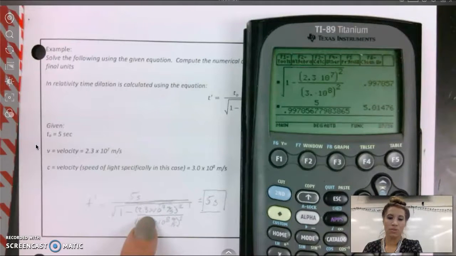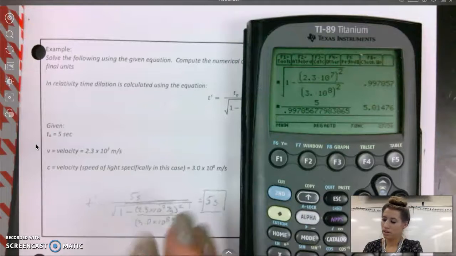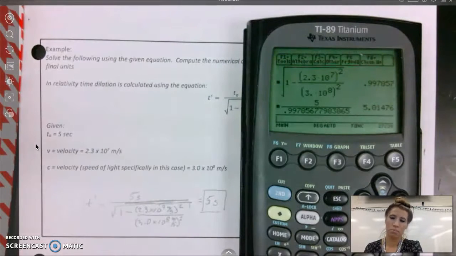Now I want you to be aware that you can break this up as much as you need to get all the steps in order to make sure that you don't put a parenthesis in the wrong place. I'm going to show you how I would go about doing it on my calculator, and then just see if you end up with the same value.